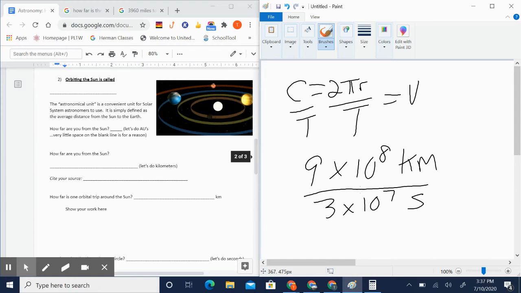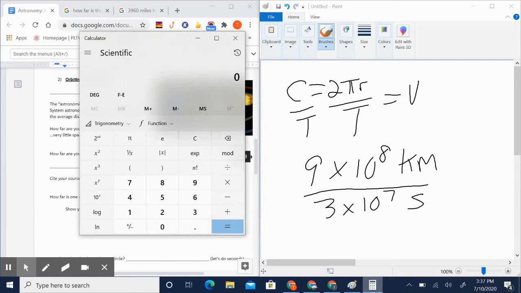If we just open a calculator right here, if we read it, it's 9 times 10 to the 8 divided by 3 times 10 to the 7.